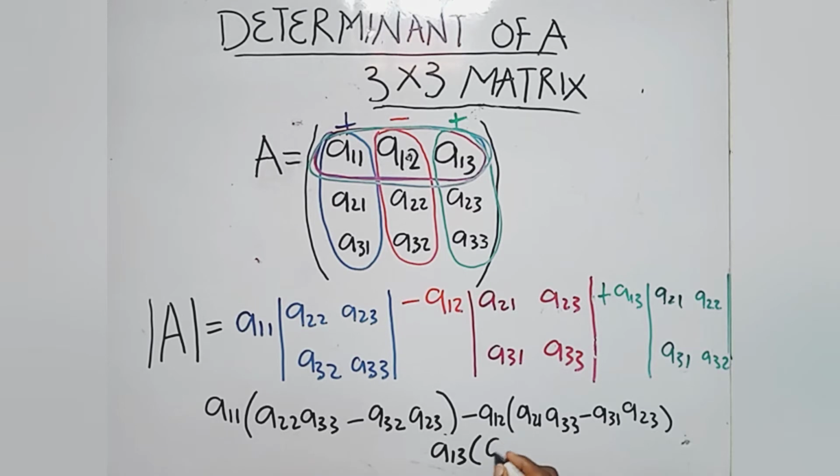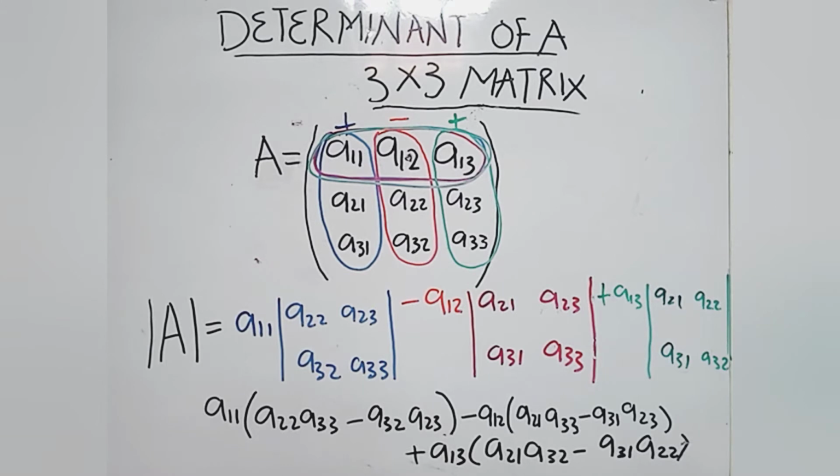You have A21 multiplying A32 minus A31 multiplying A22. Now simplifying this, you get the answer.